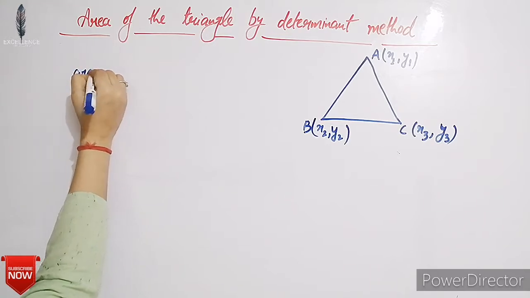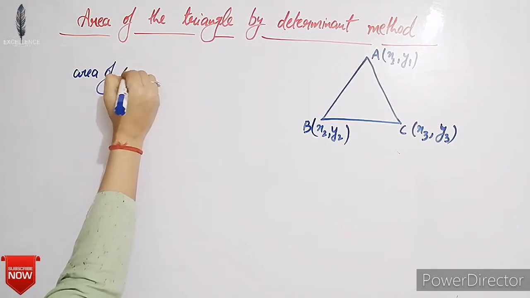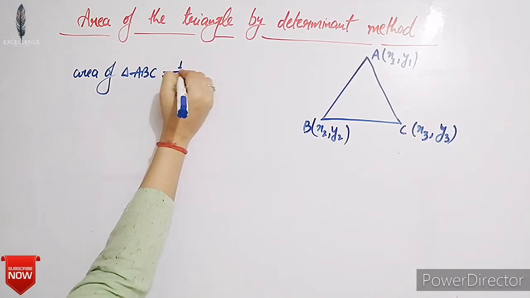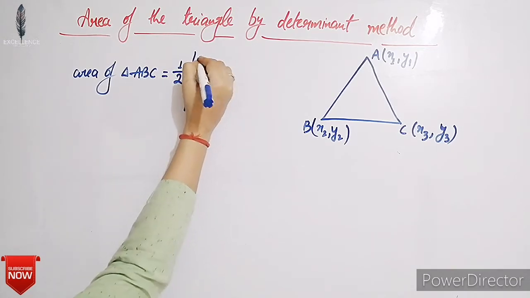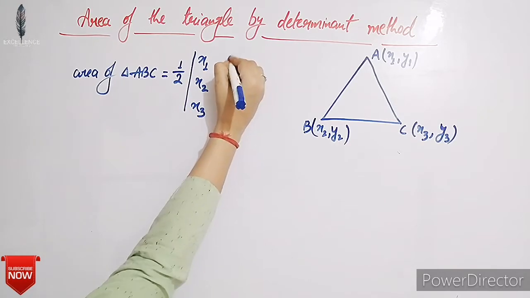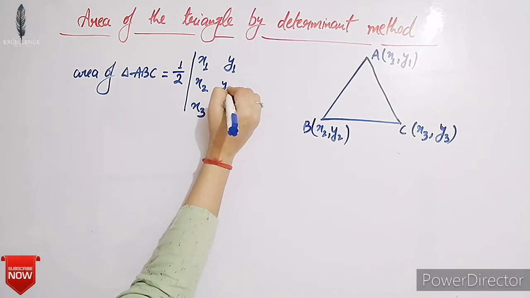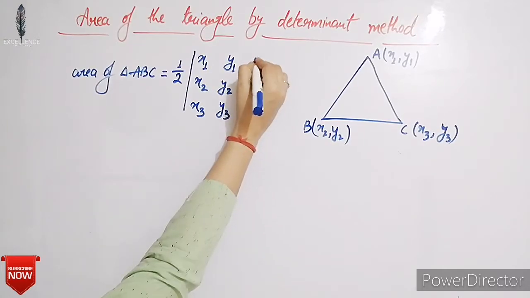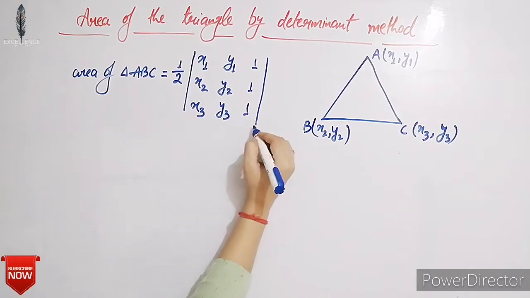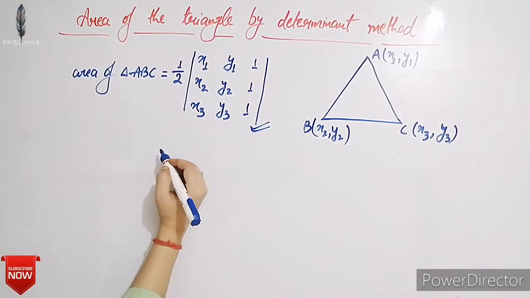Then area of the triangle is equals to 1 by 2 of determinant x1, x2, x3, y1, y2, y3, 1, 1, 1. On evaluating this determinant, we can find the area of this triangle.